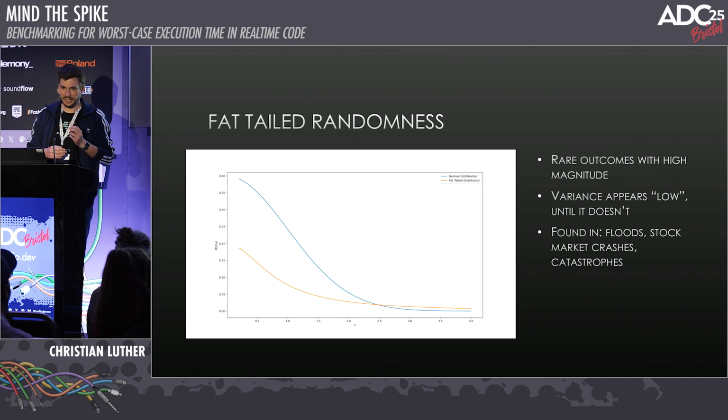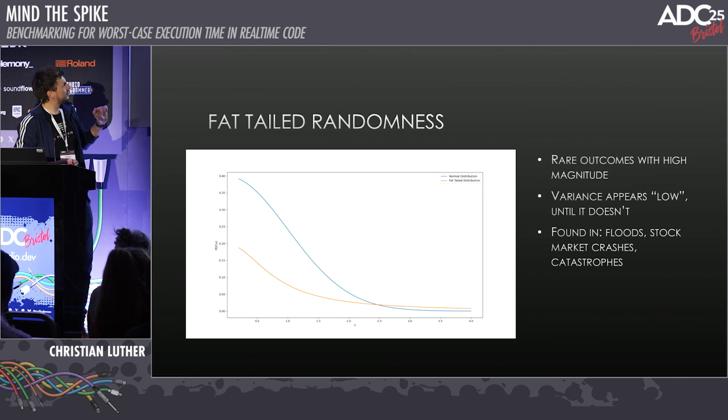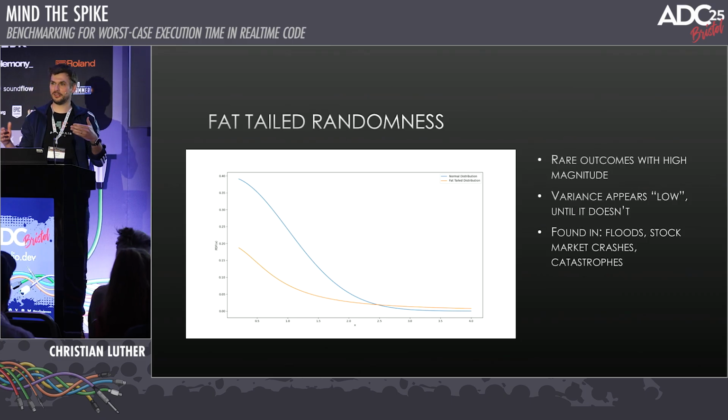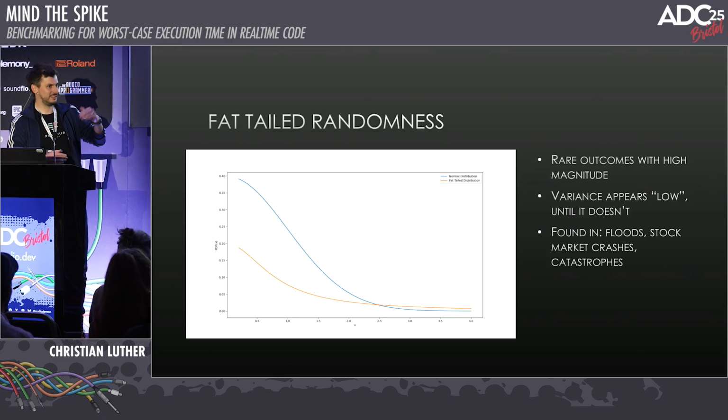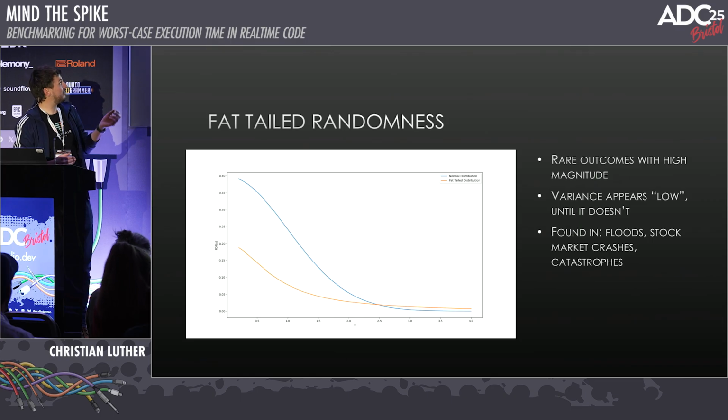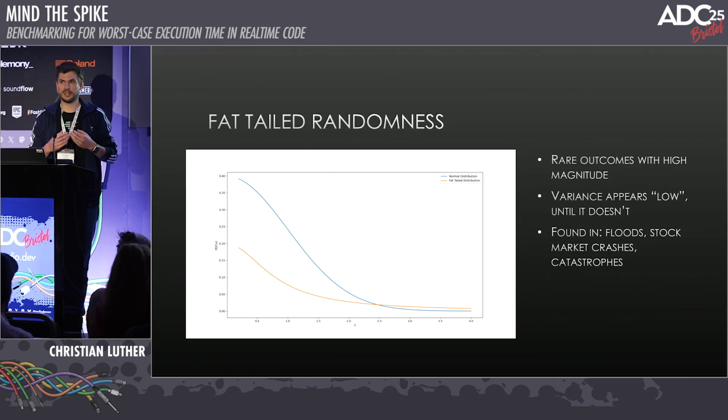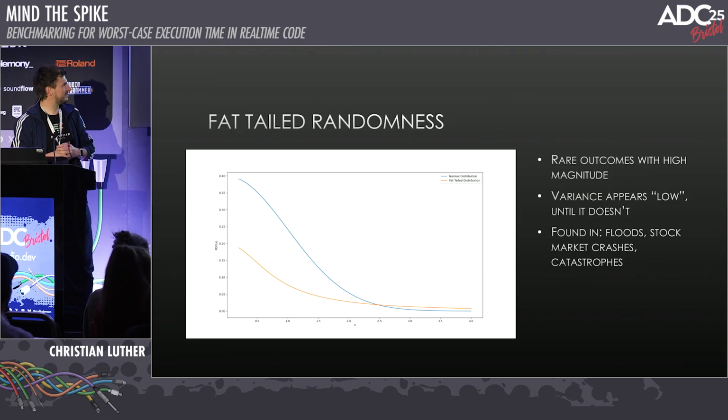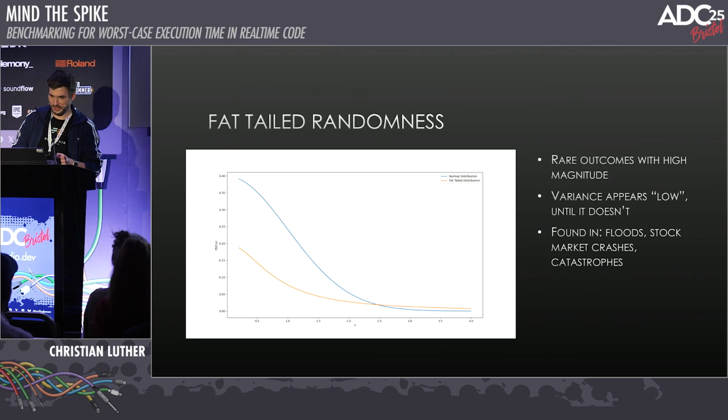For a normal distribution, the probability of exceeding a certain value goes down really fast. It goes down exponentially. For a fat-tailed distribution, it goes down as a power law function, which can be quite a bit slower. So the decay is pretty slow.